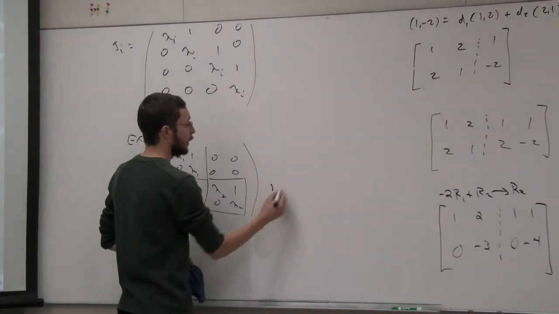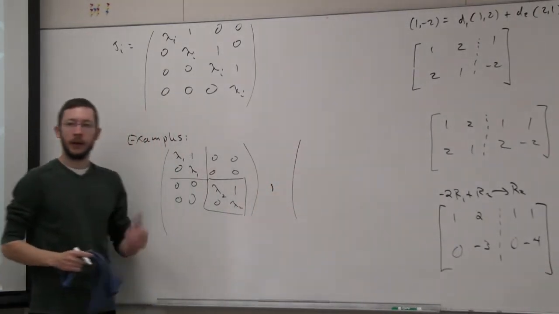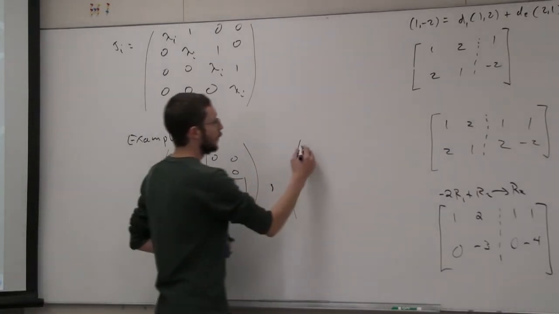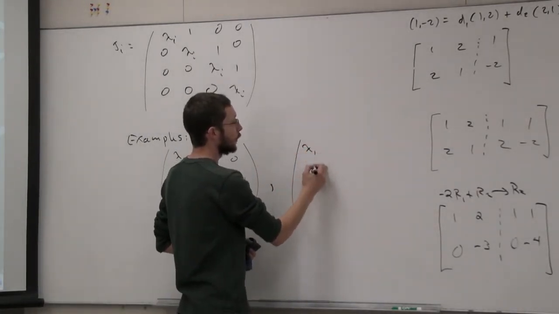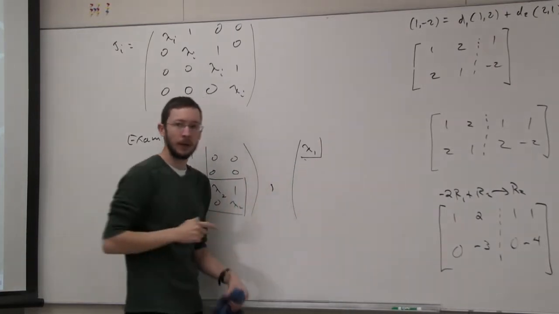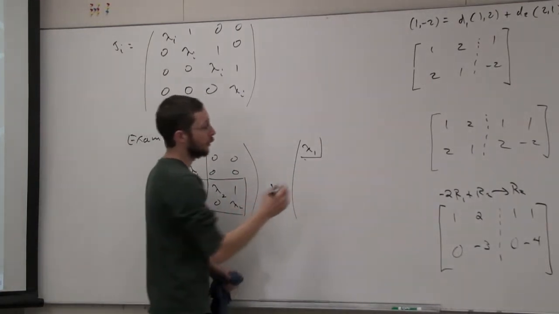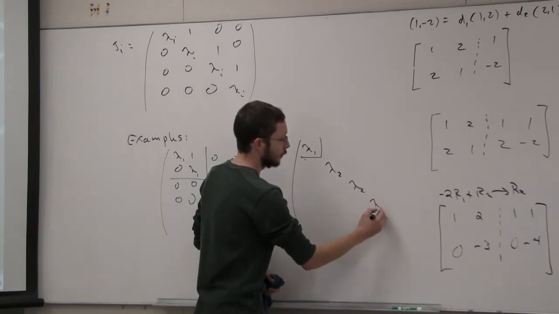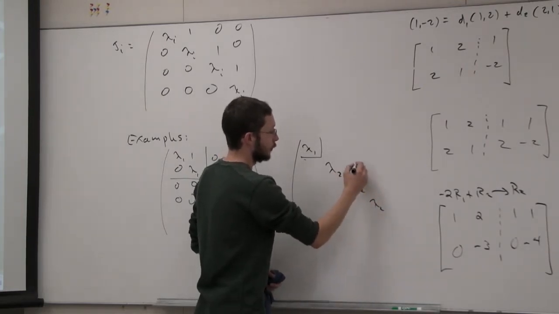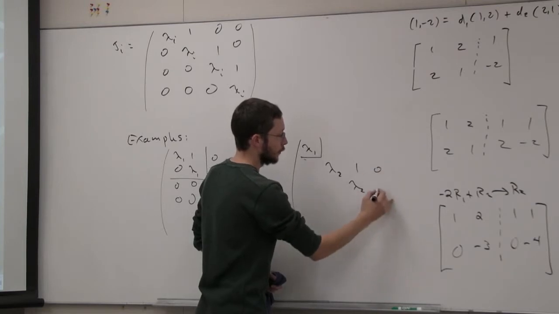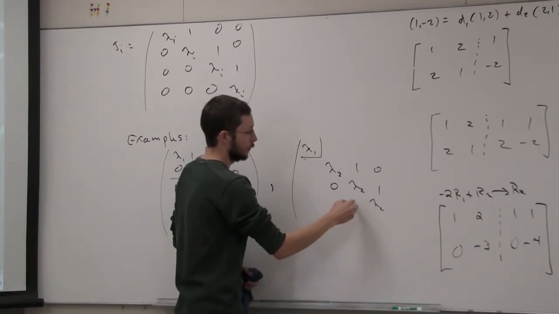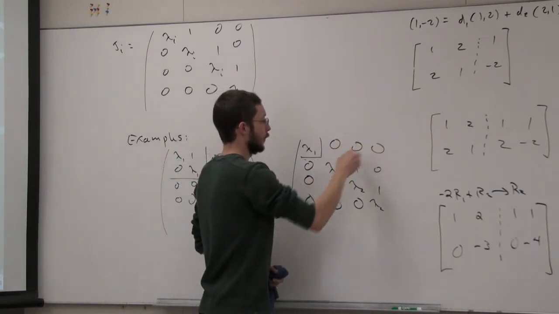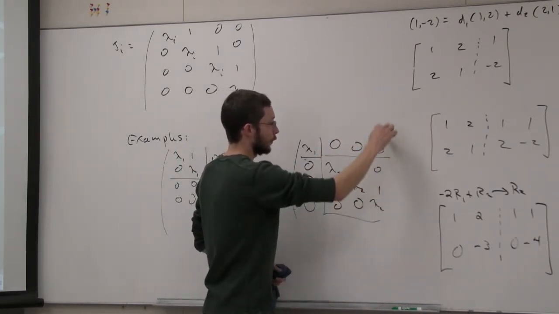Another example might be a single eigenvalue that appears just once, so that's its own little Jordan block. And then you could have a 3 by 3 with lambda 2, so there's a second Jordan block.